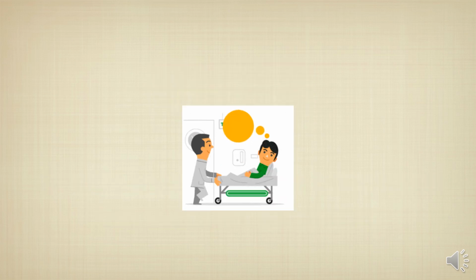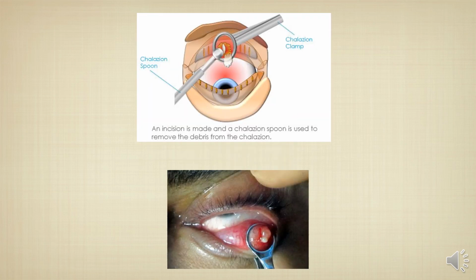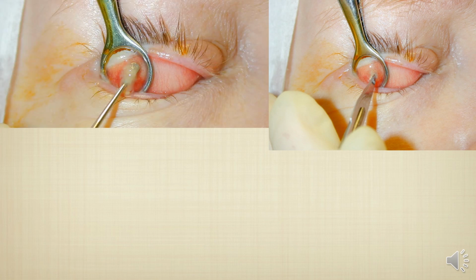Concerning surgical options, we usually perform incision and curettage from the conjunctival side through a vertical incision. This is a sequence of incision and curettage performed in cases of chalazion.